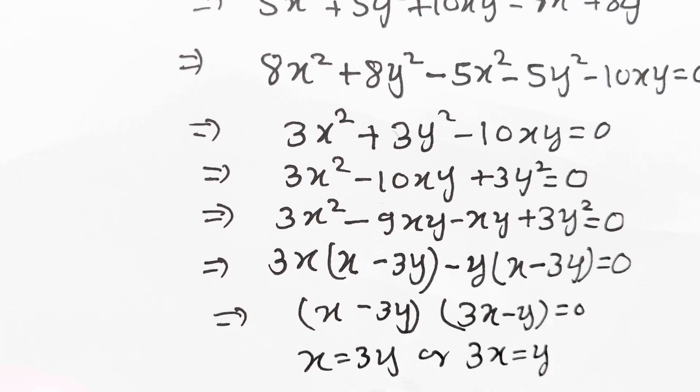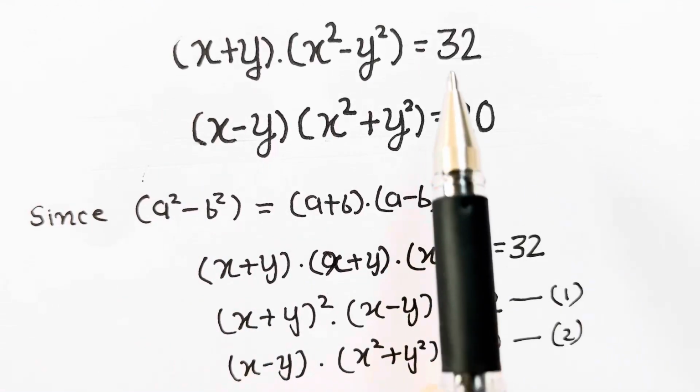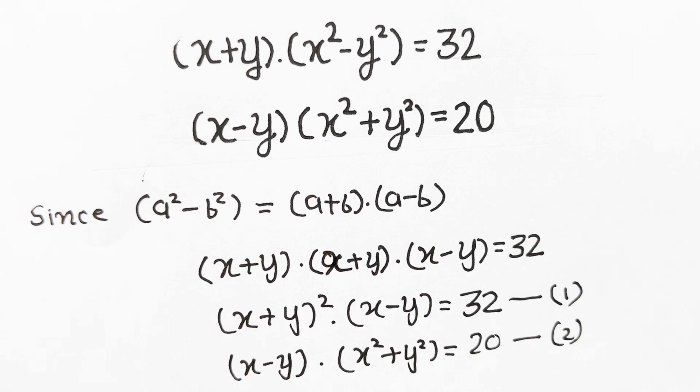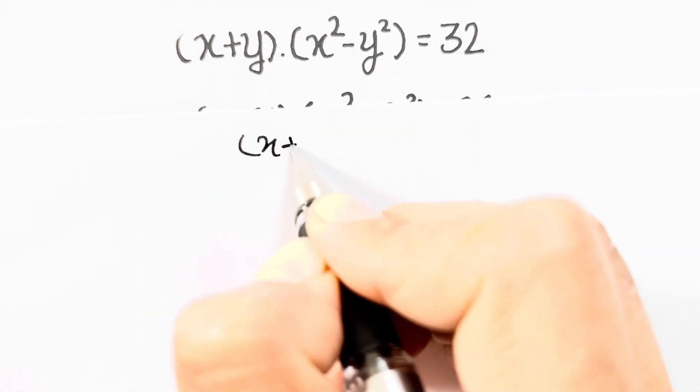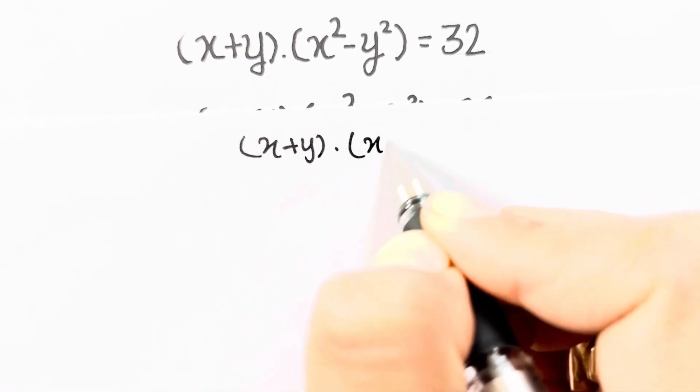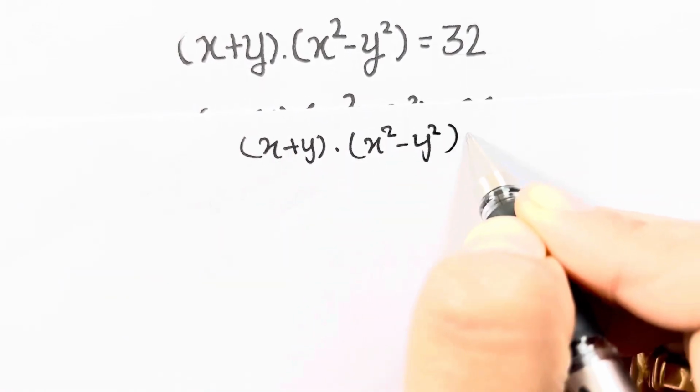Now we substitute these two values into the original equation, which is x plus y into x square minus y square is equal to 32.